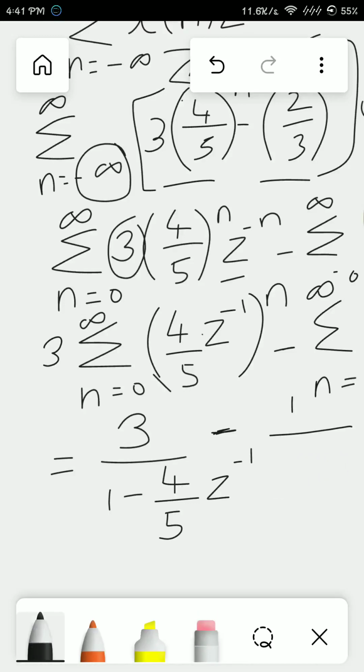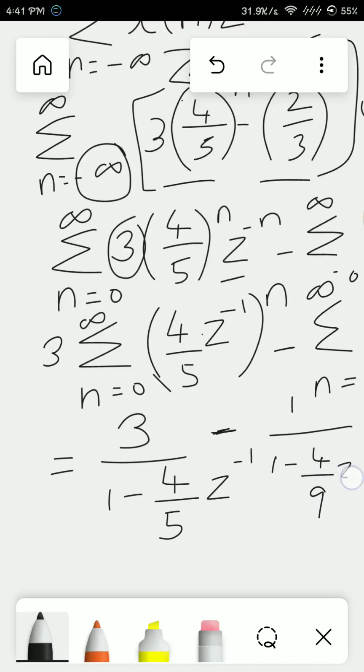I'll write it in a simple form, 1 minus 4 by 9 z inverse, right? I got it, right?